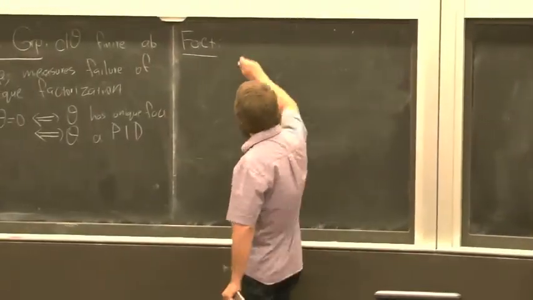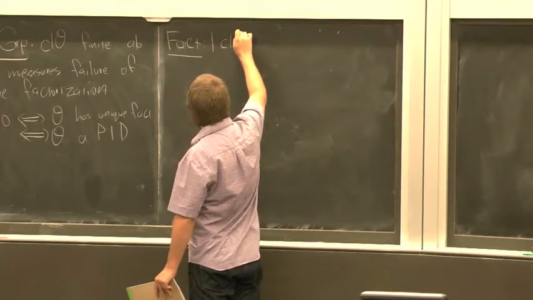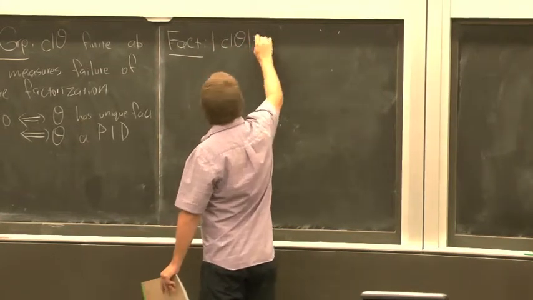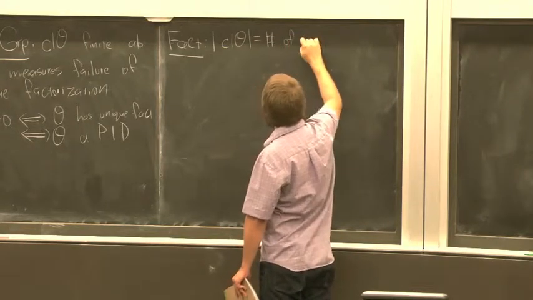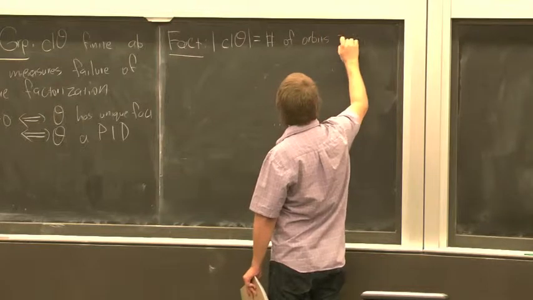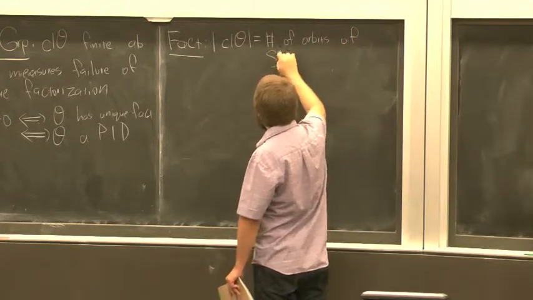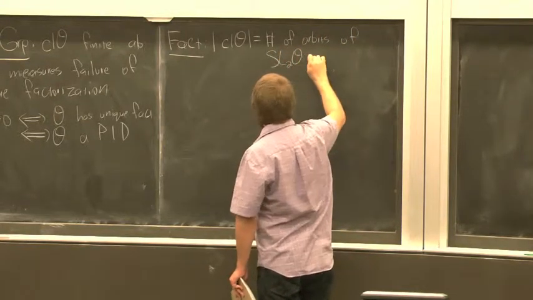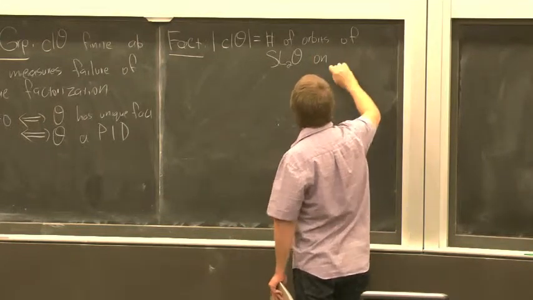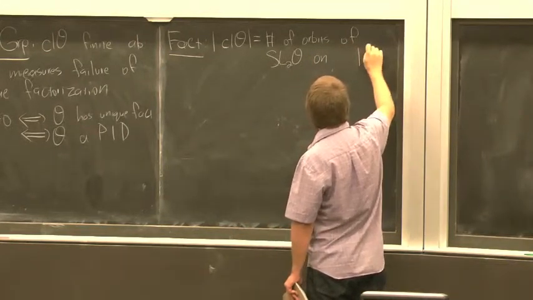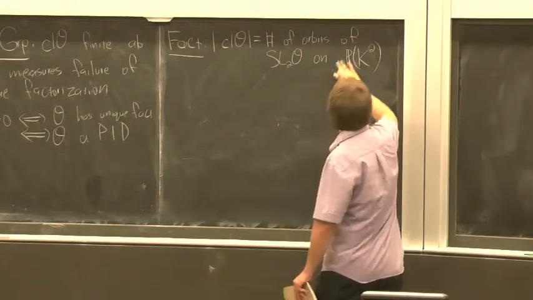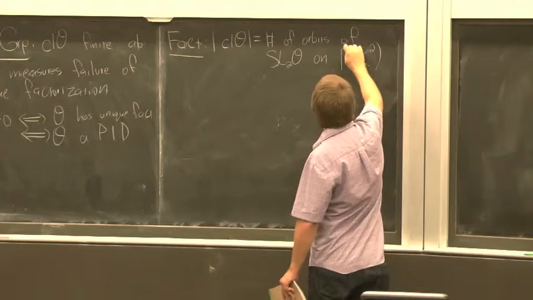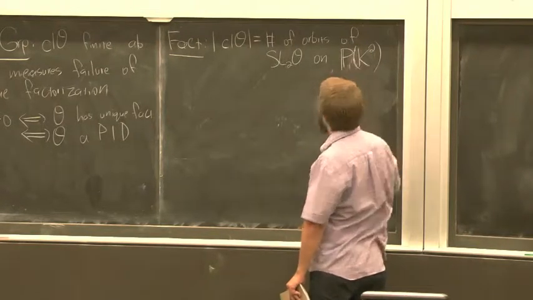The number of elements in the class group of O turns out to be the number of orbits of SL2(O) on the projectivization of K squared, the space of lines inside K squared.